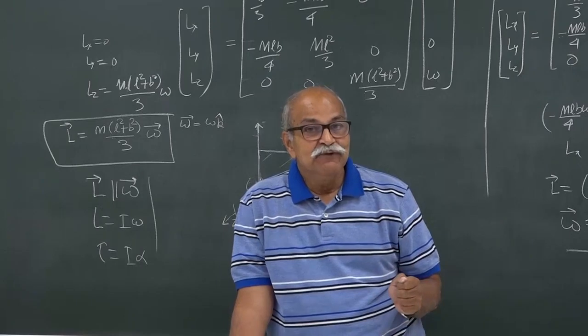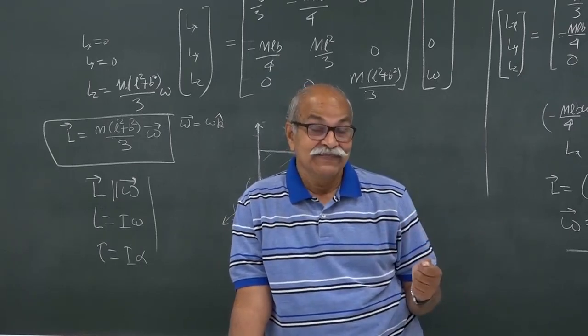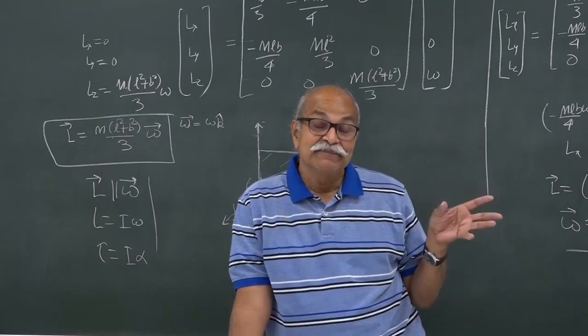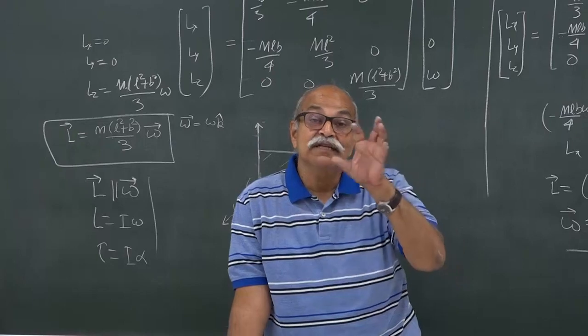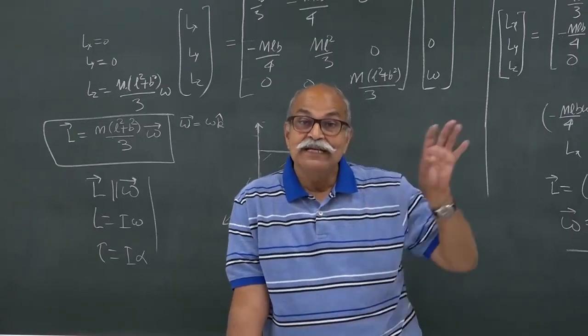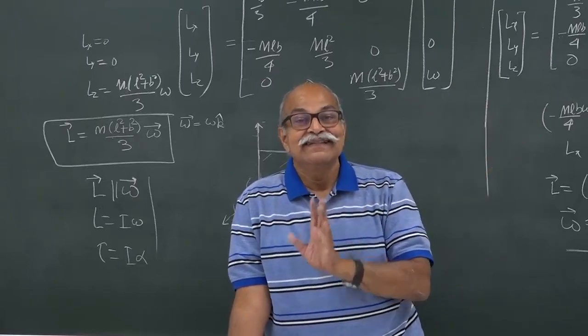So, if you choose those directions as x, y, z axes, the moment of inertia tensor, that matrix, will have the product of inertia terms 0, and only the diagonal terms Ixx, Iyy, Izz will be there.